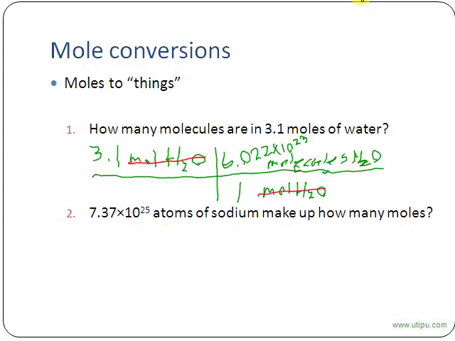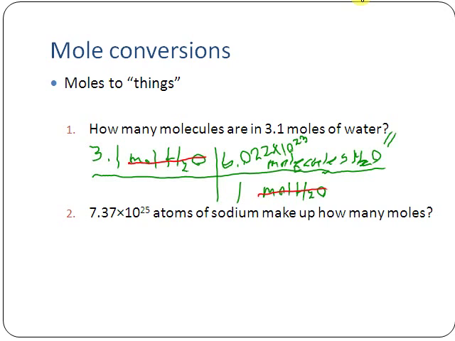And so at this point, you can get out your calculator and multiply across the top. 3.1 times 6.022 times 10 to the 23rd, and then divided by 1. And when you do that, we end up getting an answer of 1.8. Actually, in this case, it's not going to be 1.8.